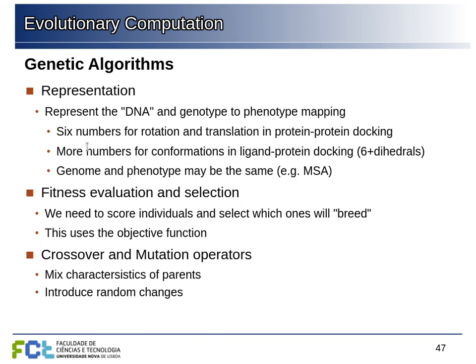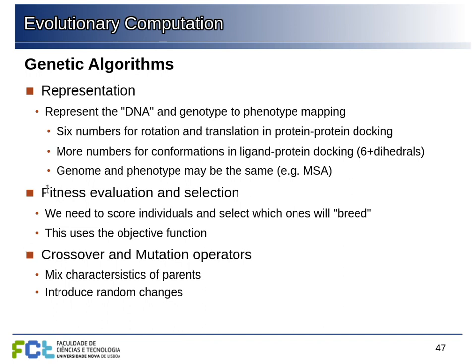So this would be a sequence of numbers that would be translated into the ligand with some specific conformation at that particular position. In some cases, the genotype and phenotype can be exactly the same. For example, in a multiple sequence alignment, we can use the actual alignment as the genes that we are going to recombine and mutate and so on.